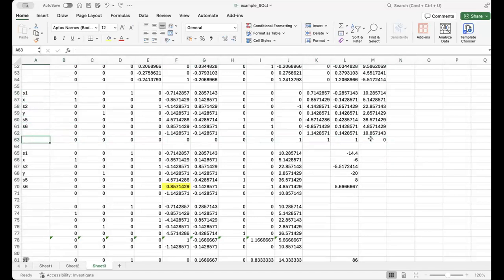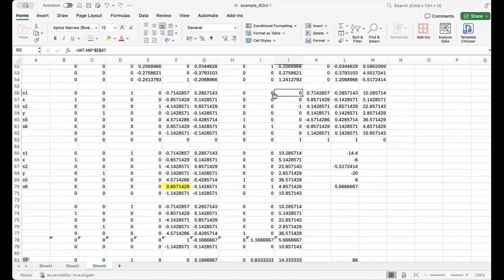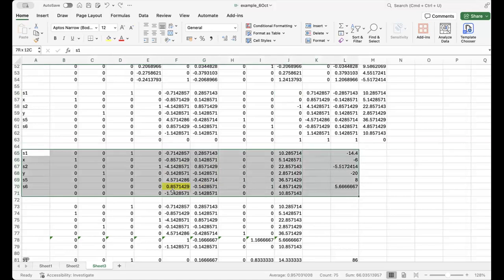We remove this row, and we remove all the columns for E1, E2, E3. So the table reduces to this table where we remove all W coefficients, and also all E variables.